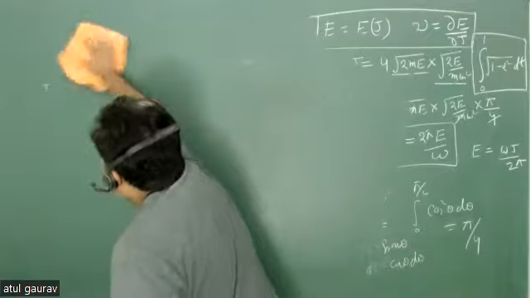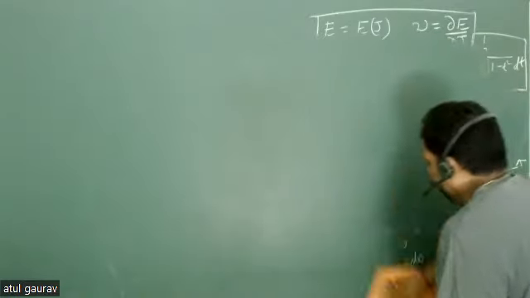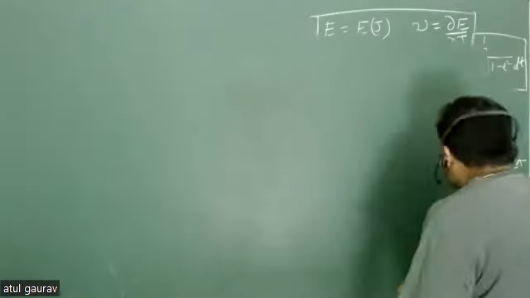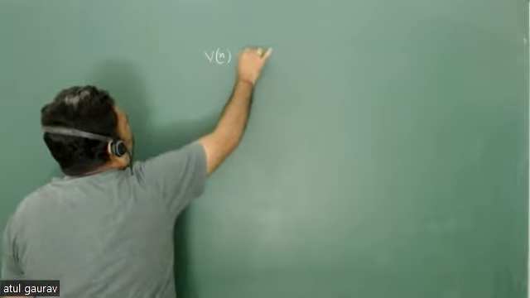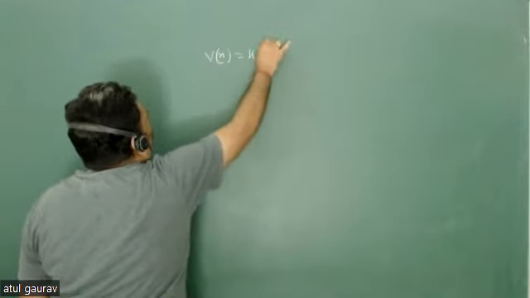So let's go for one basic problem. Now suppose your potential is V(x) equal to kx to the power 4.